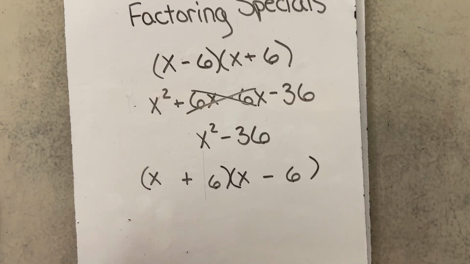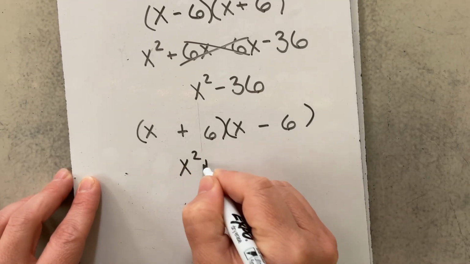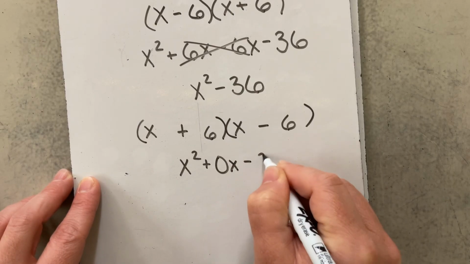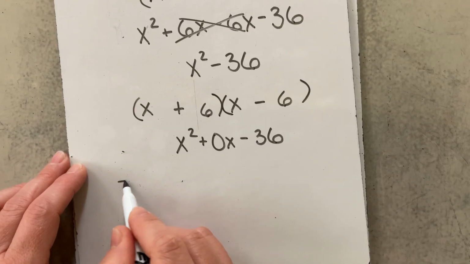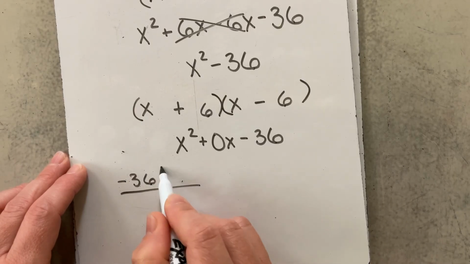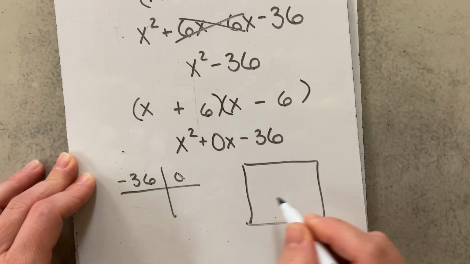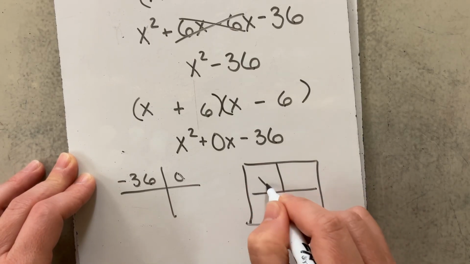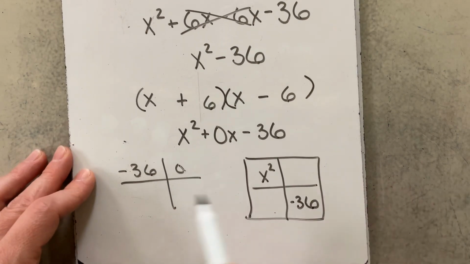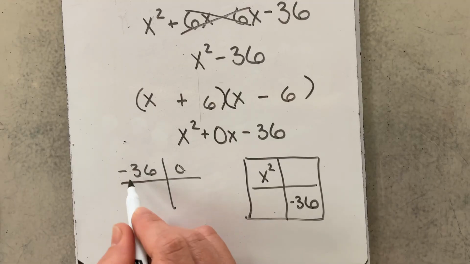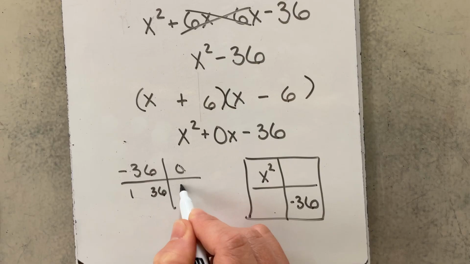Can you do this other ways? Yes, you can. If you think about this being x squared plus 0x minus 36, I find my a times my c is negative 36. My b value is 0, and I set up my box. I have x squared here and negative 36 here. Now, I can have 1 and 36, but that is 35.